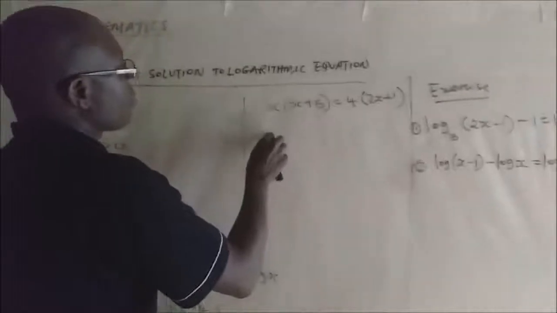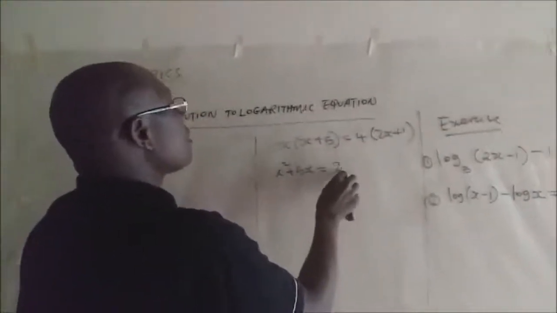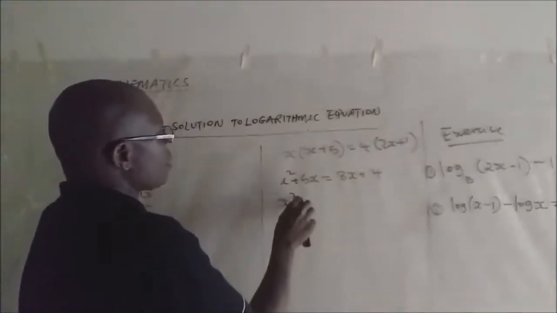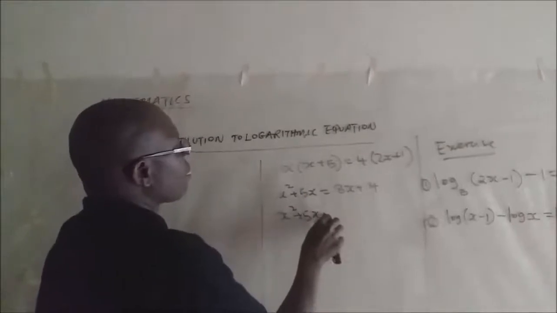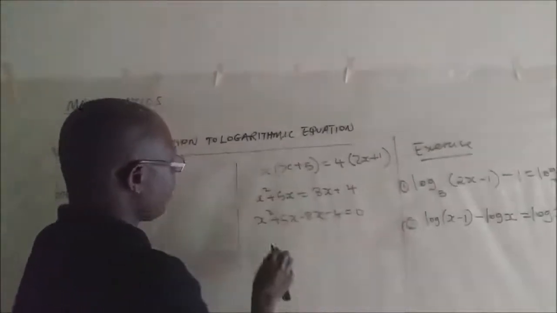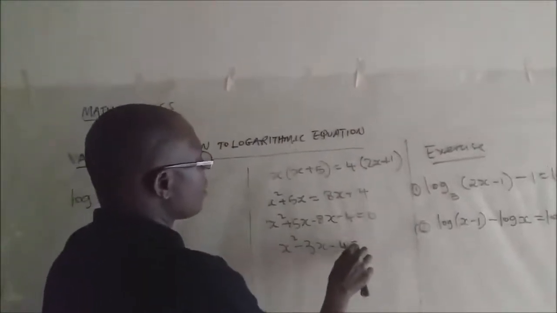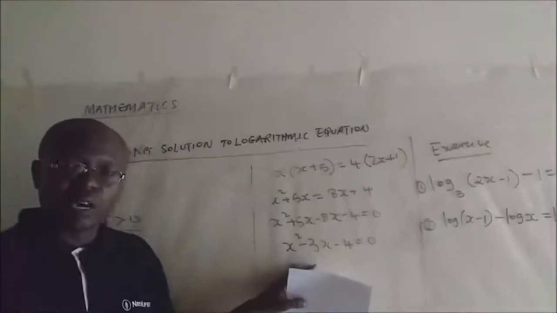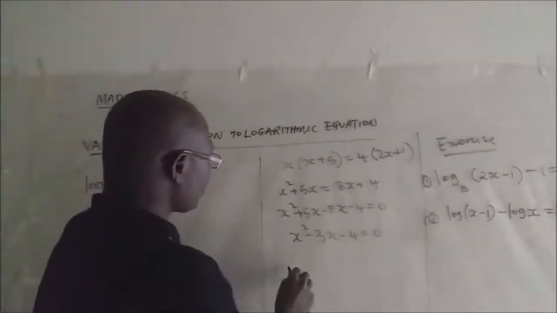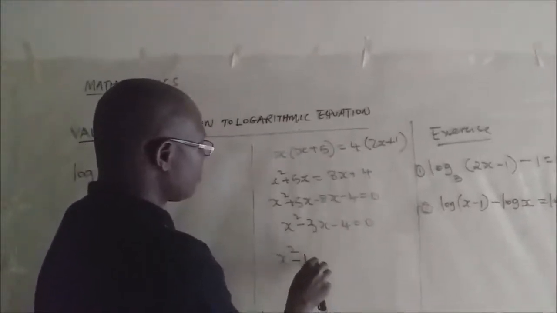And so, open brackets. And so we end up with a quadratic equation which we can solve. We break the middle term.